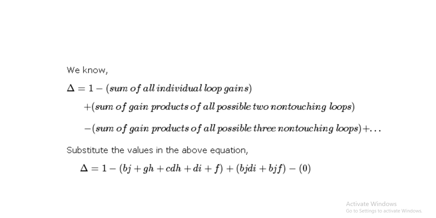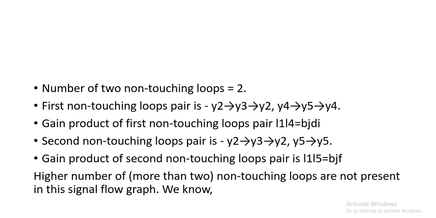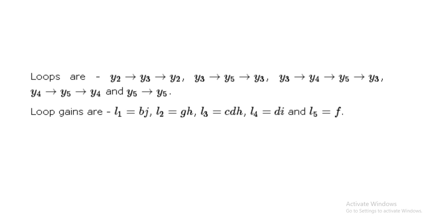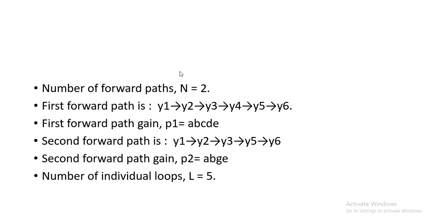Okay, so let us see again what we have seen. We have seen up to this one, the number of forward paths, and then we calculated the first forward path, then we calculated the first forward path gain again, then we have seen the second forward path, then the second forward path gain again, and the number of individual loops that we have seen.